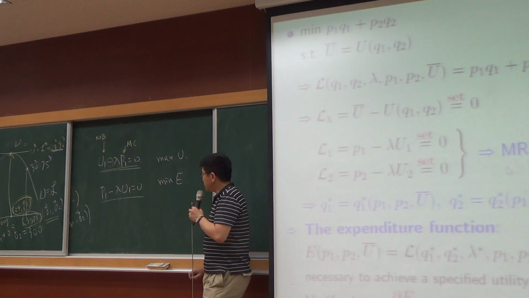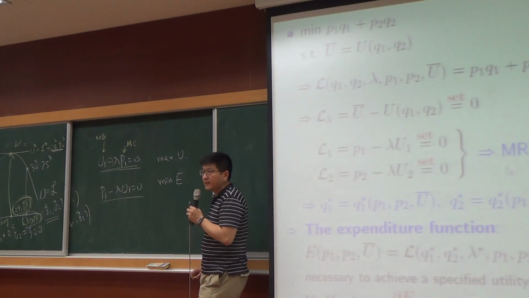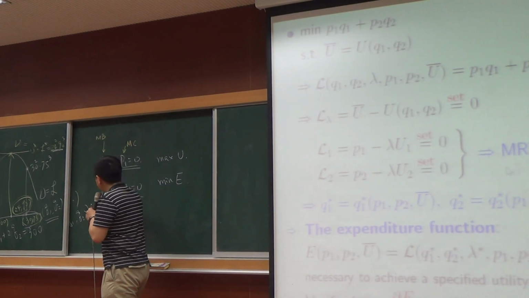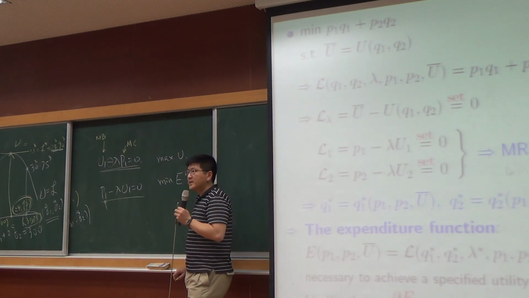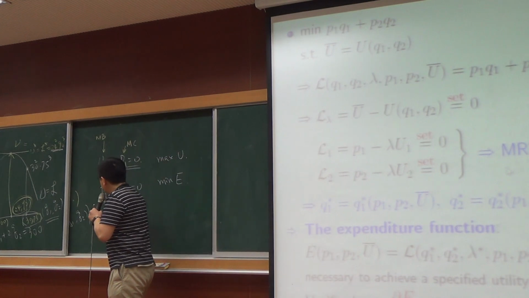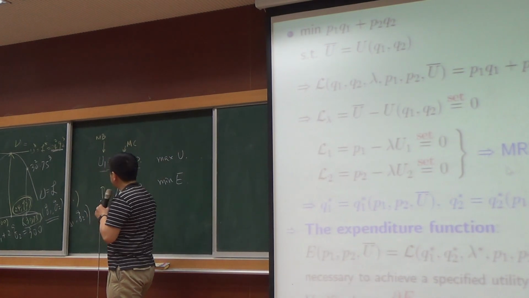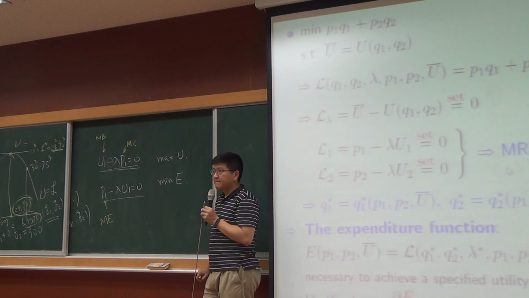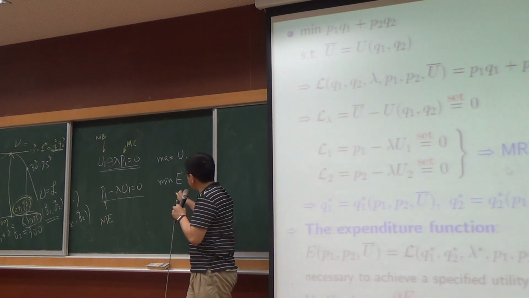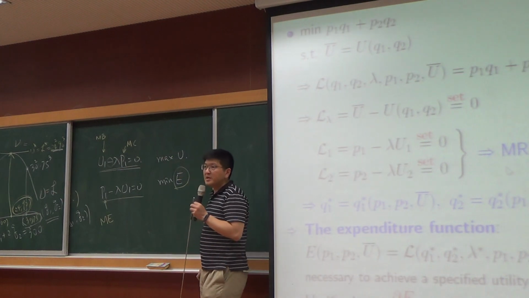One more unit of good one costs us P1, right? So this would be the marginal expenditure. Because now, we want to minimize our expenditure.